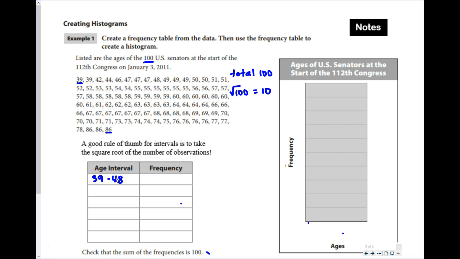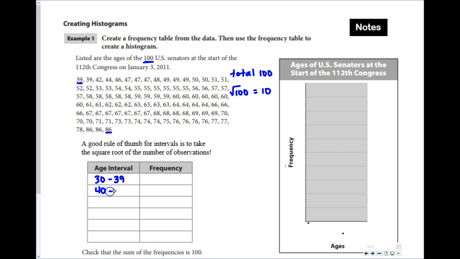I know that's a difference of 9, but it doesn't seem very obvious. So instead I'm going to do 30 to 39. If you did 39 to 48 or some other interval of 10, as long as 39 is included, then you're fine. You might get different answers in my answer keys as long as your intervals are all equal. So my first interval is 30 to 39.